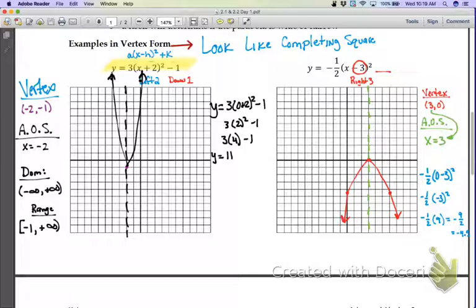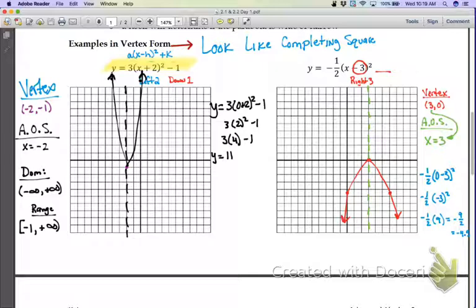Now, the one thing we can always find with any quadratic is, if we always use 0, we can find the y-intercept. There's always going to be one y-intercept. There may not be an x-intercept, depending, because you know you can have imaginary numbers. But you can, however, have a y-intercept. You will always have a y-intercept at some point.